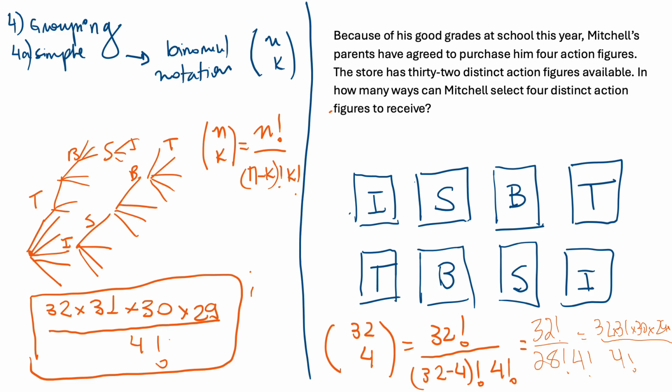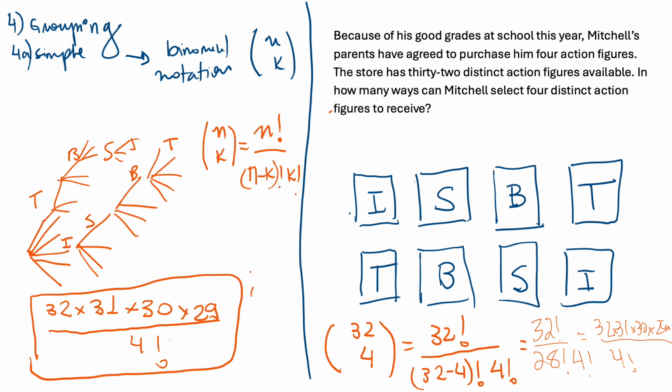But it's the same. You can think of grouping as a particular case of selection without replacement where order doesn't matter, and just divide by all the permutations. The shuffling of the things you selected doesn't matter, so just divide by the permutation. But you can also apply the formula. It will lead you to the same answer.